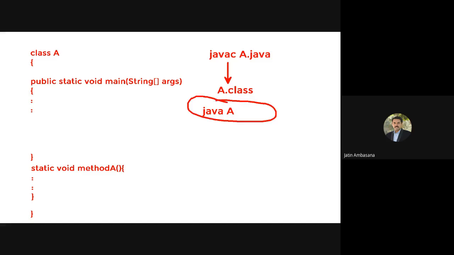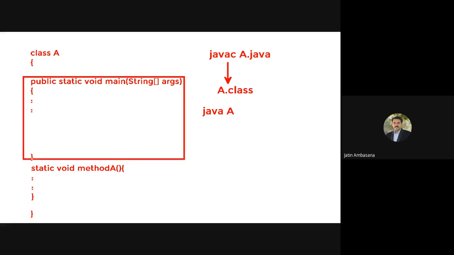But once you execute, what happens basically? What happens when you execute a class? In order to execute a class on the console, you need a main method, right?